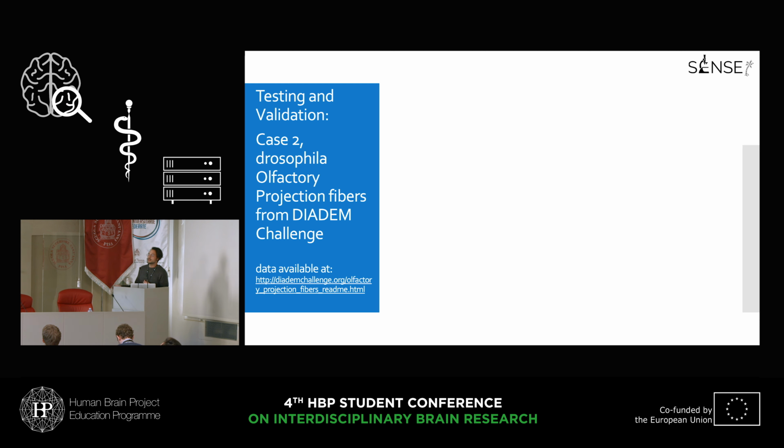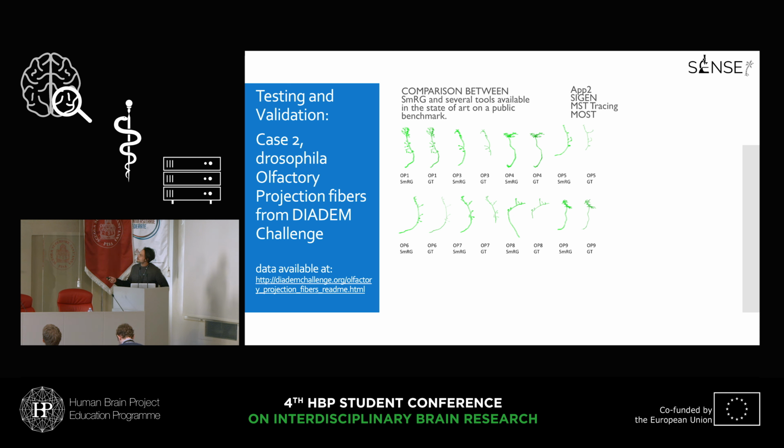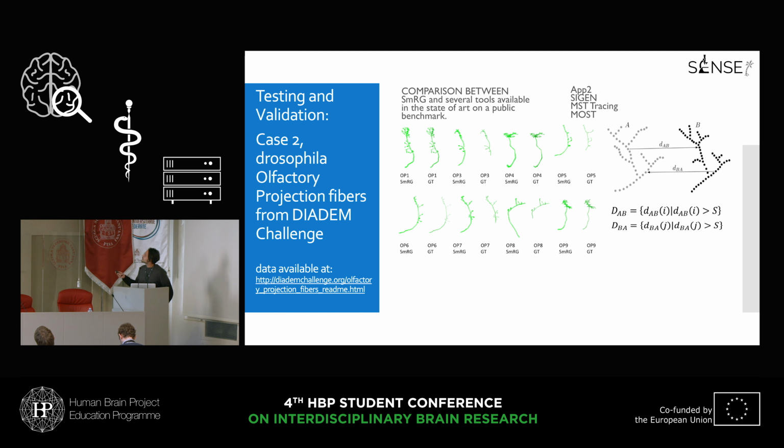A second case study is instead on a public benchmark, that is the olfactory projection fibers from the DIADEM challenge. And basically, we have the ground truth segmentations of these neurons. And we segmented each neuron with the SMRG and these 4 tools available in the state of the art. And we compared each automatic outcome with the ground truth, evaluating the internode distances.